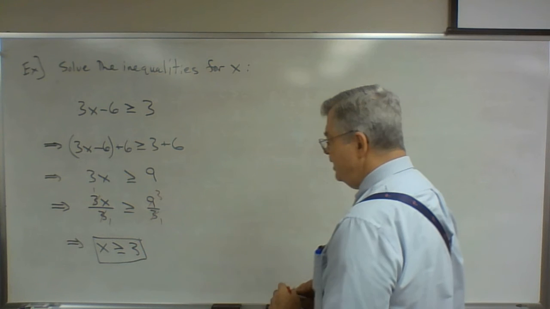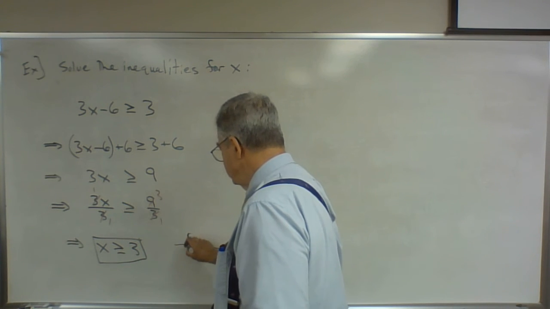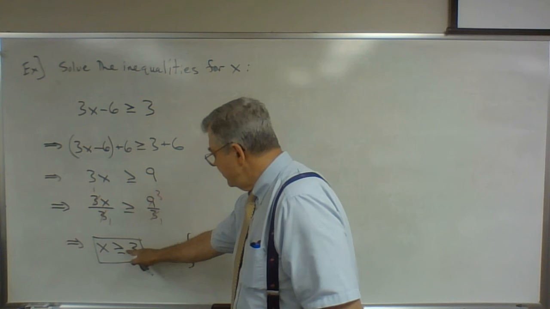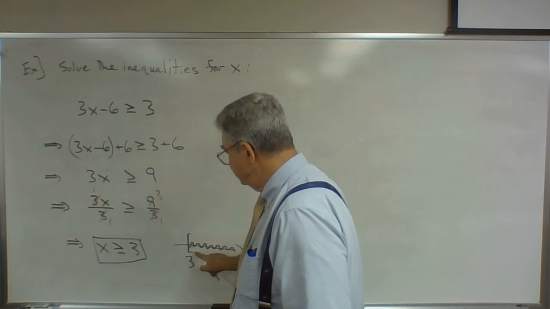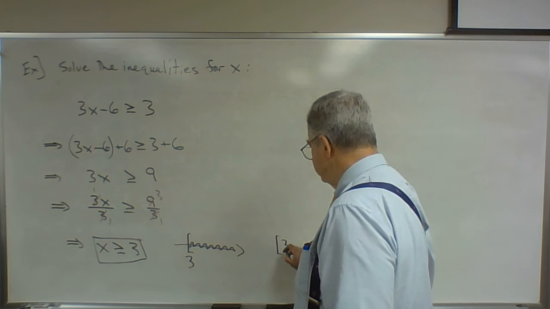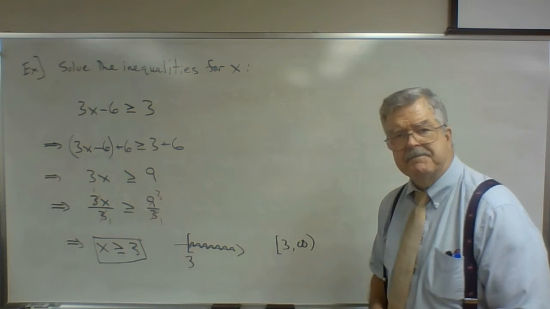In interval notation, what does this look like? X is greater than 3, or it can be equal to 3, so we put this square brace here. And in interval notation, it looks like that.